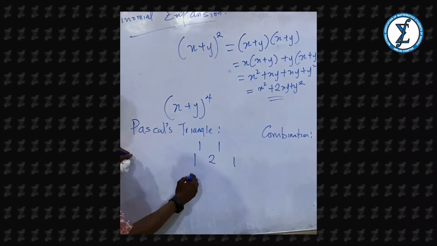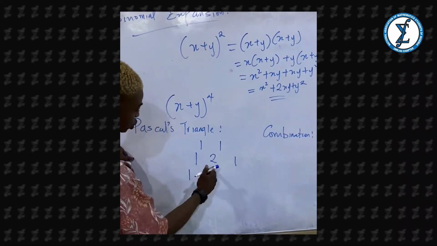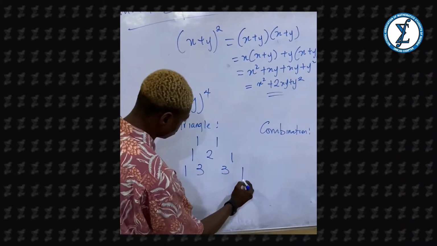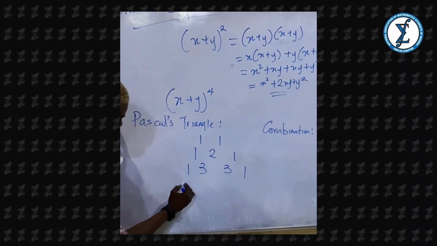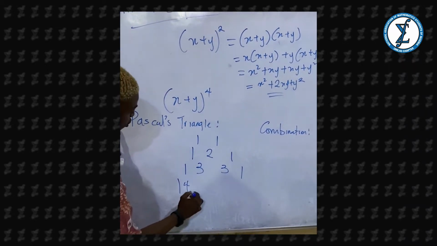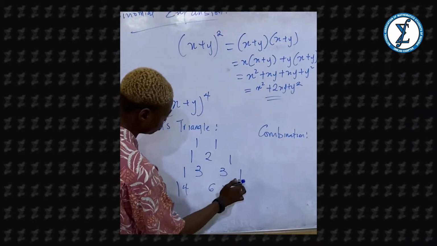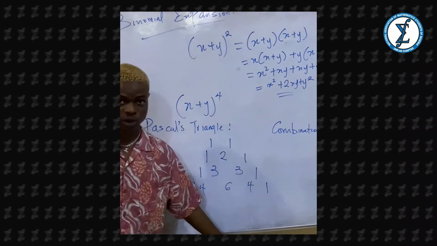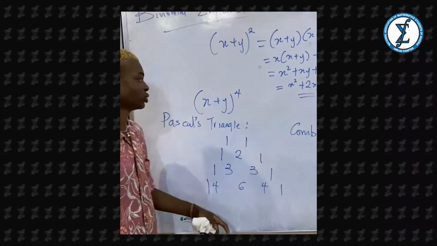To get the third level, you start with 1, 1 plus 2 is 3, 2 plus 1 is 3, and you close with 1. To get the fourth level, you start with 1, 1 plus 3 is 4, 3 plus 3 is 6, 3 plus 1 is 4, and close with 1. So you keep doing that up to any level you want.